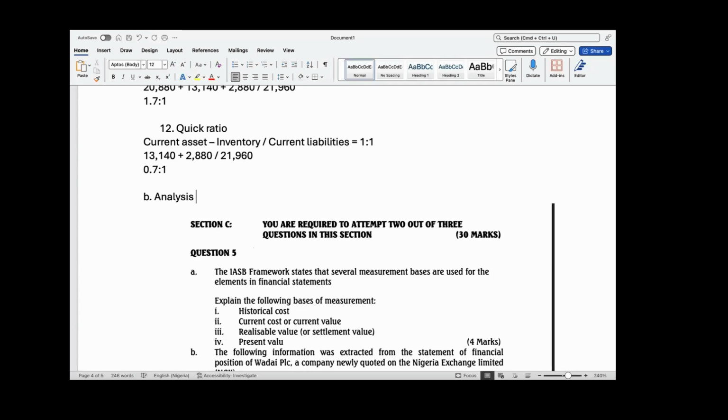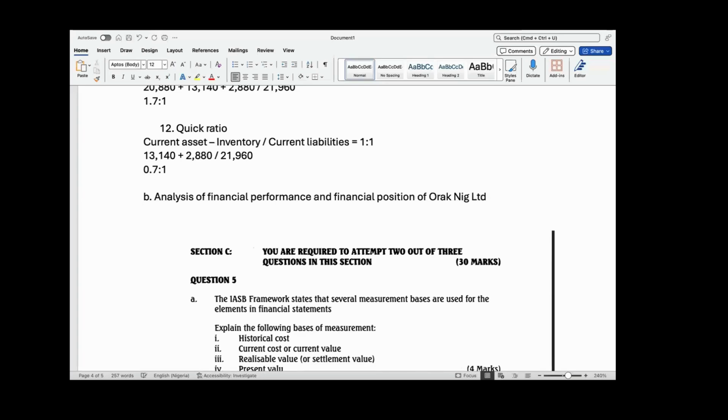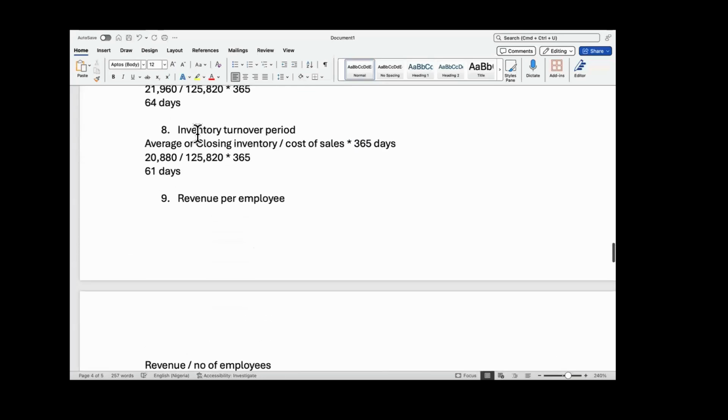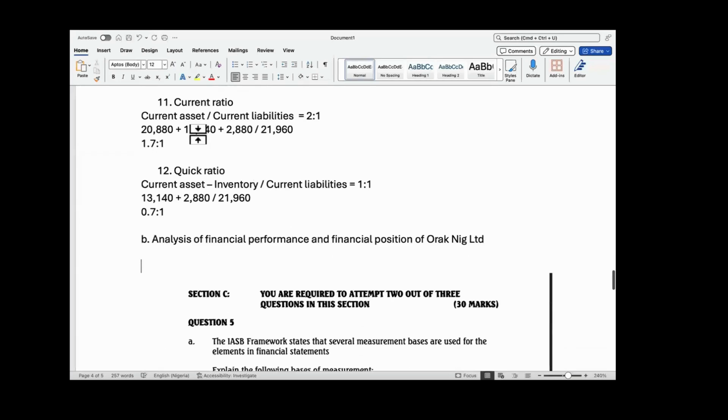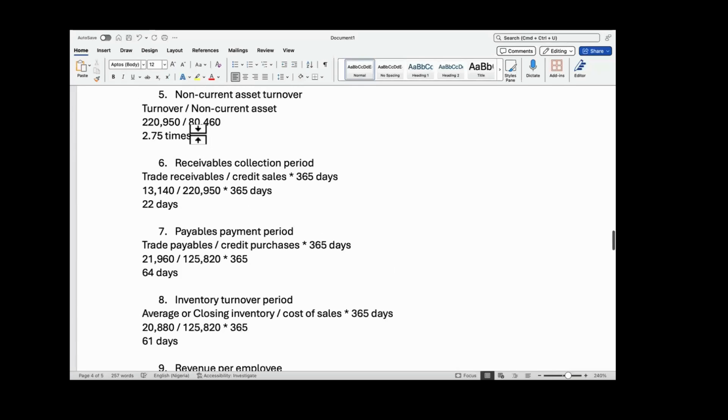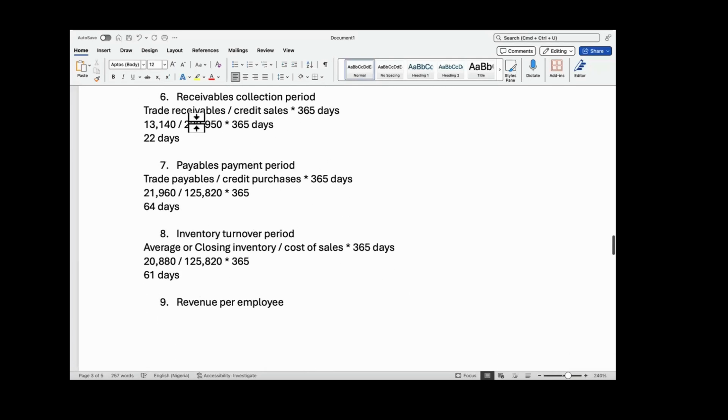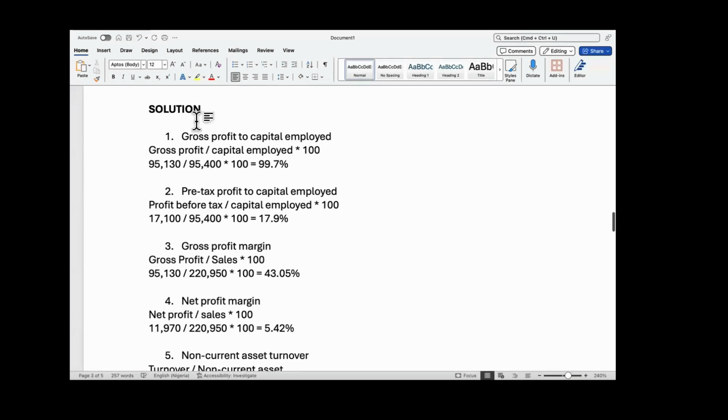So the B part asks us for analysis of financial performance and financial position of ORAC Nigeria Limited. So how do you analyze to ensure that you get all 8 marks? You have almost 12 ratios here.